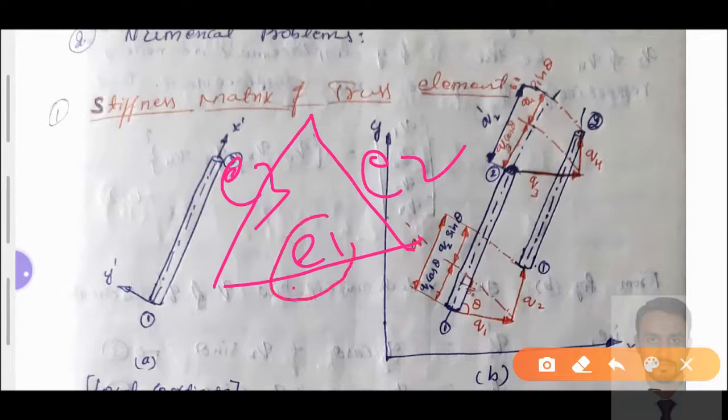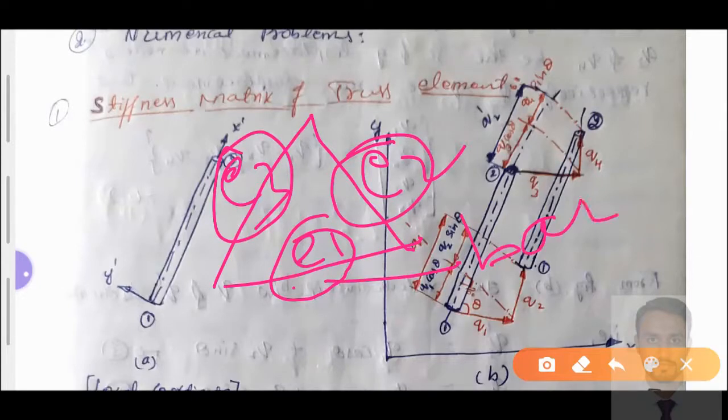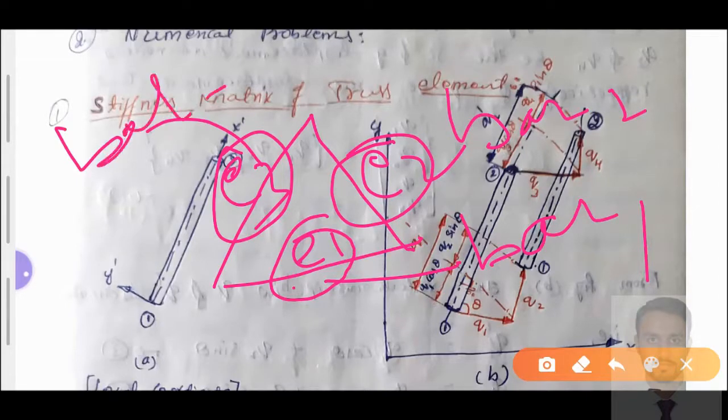So what is this element number 1? What is this element number 2? What is this element number 3? This element number 1 is said to be bar element number 1, bar element number 2, bar element number 3, or link element number 1, link element number 2, link element number 3.